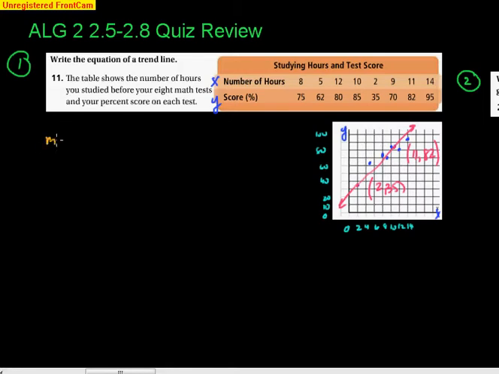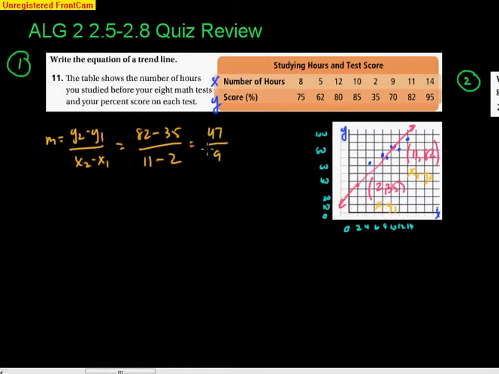The slope is y2 minus y1, over x2 minus x1. Let's call 2, 35 x1, y1, and 11, 82 x2, y2. So I just plug in exactly what it says to do. 82 minus 35 all over 11 minus 2. 82 minus 35 is 47. 11 minus 2 is 9.